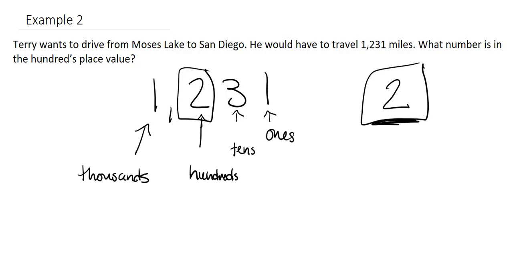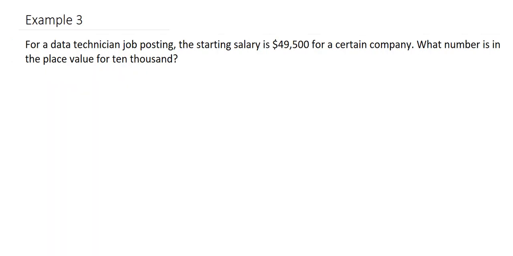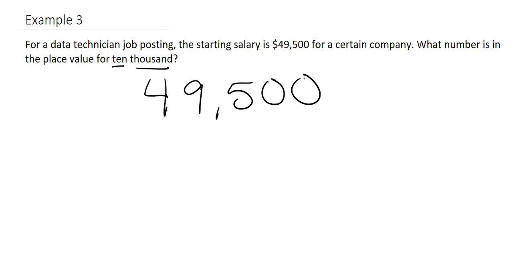Now, let's do another example. Example 3. For a data technician job posting, the starting salary is $49,500 for a certain company. What number is in the place value for the 10,000? Let's rewrite this number. We start at our ones place value.